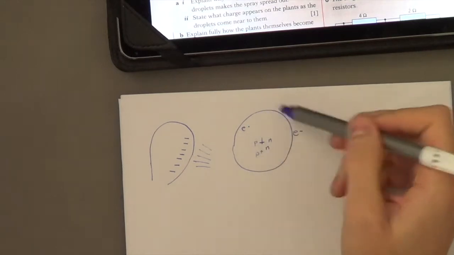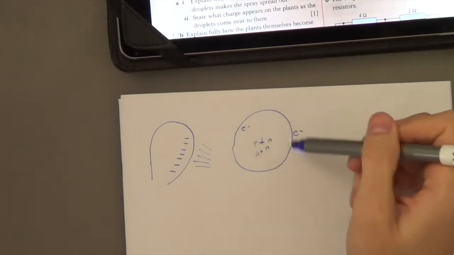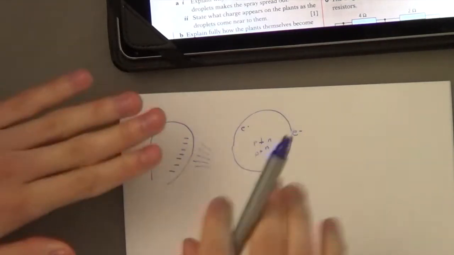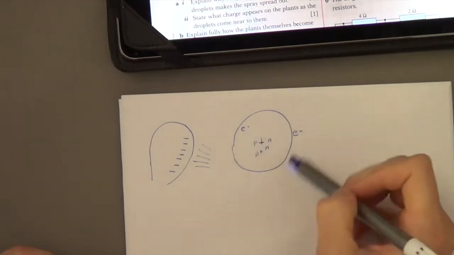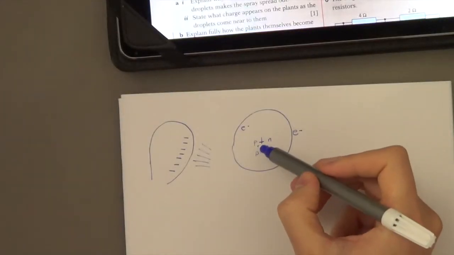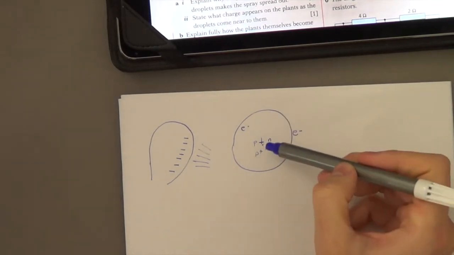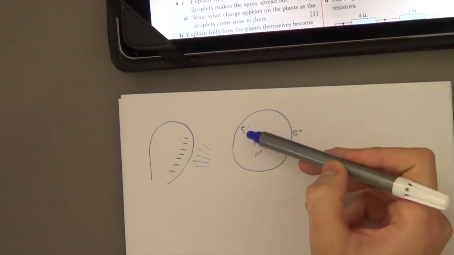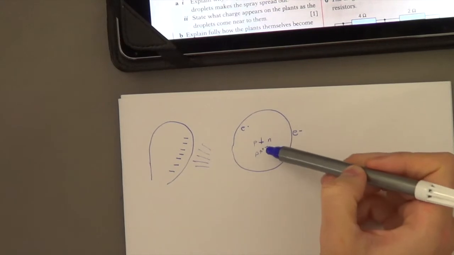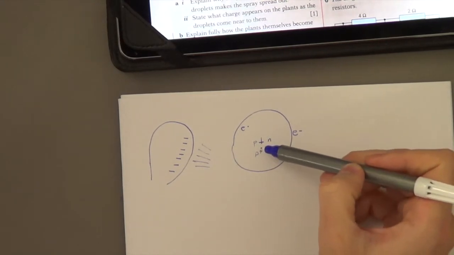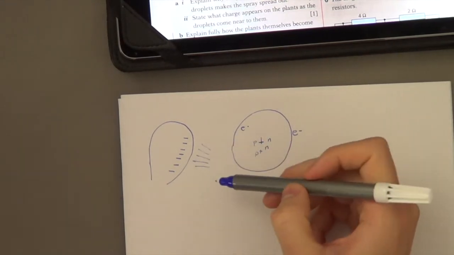So what particles are most likely to move when you rub surfaces together are the electrons rather than the protons. The light electrons are the particles that move and the positive protons are the particles that stay, and that is what gives the difference in charge.